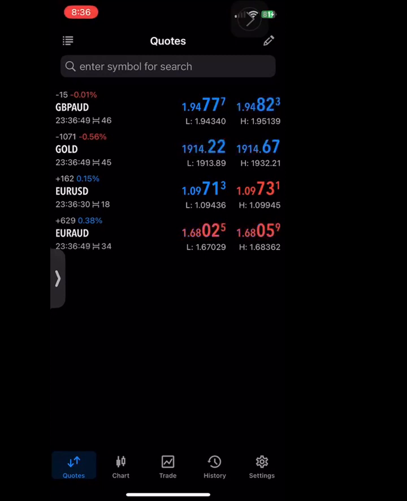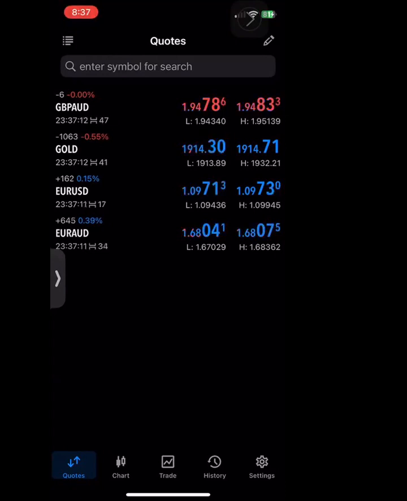There are two prices here because we have a selling price and a buying price. One is the buying price, another one is the selling price.